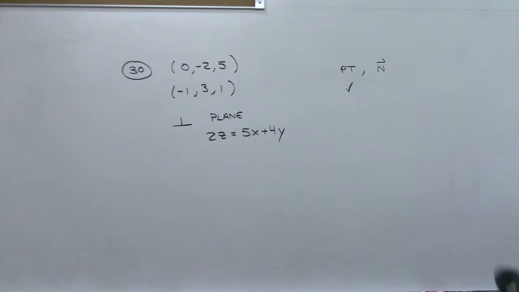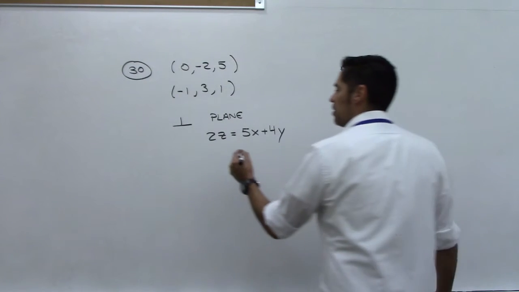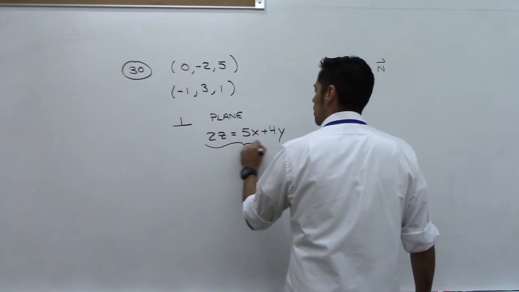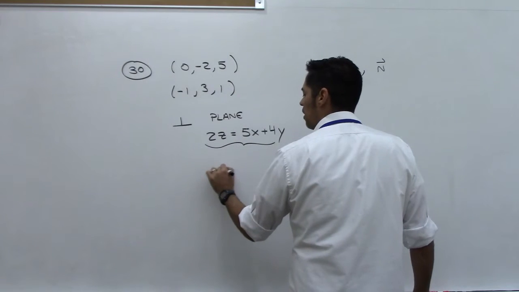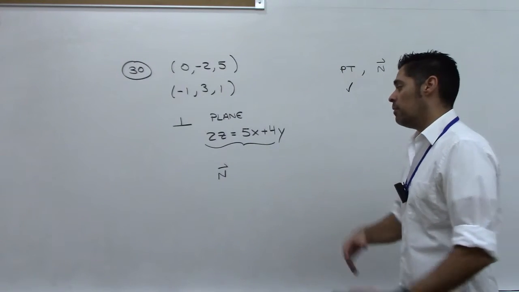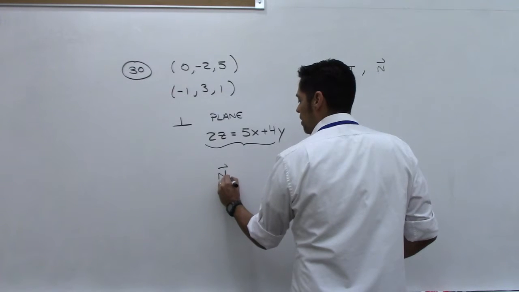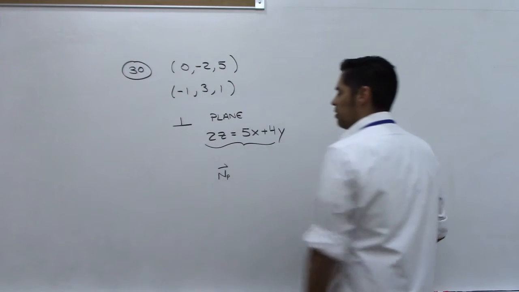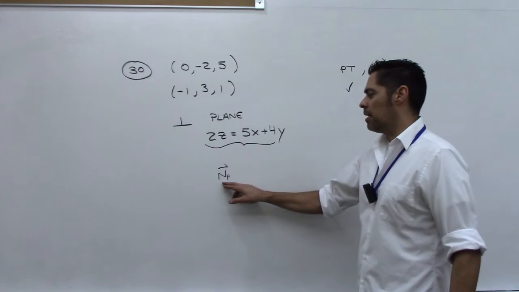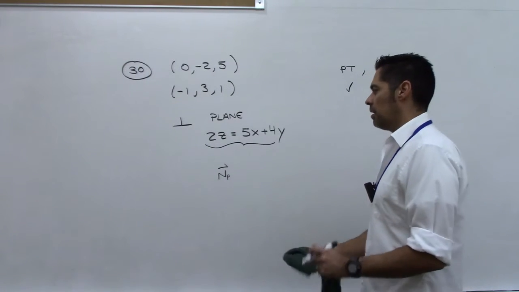So what is the normal vector of this plane? Now, I don't want to confuse it with the normal vector of the plane I'm looking for, so I'm going to call this n sub p, so everyone knows this is the normal of the perpendicular plane. The p is for perpendicular.